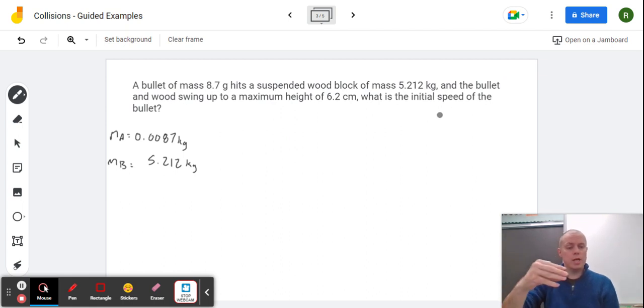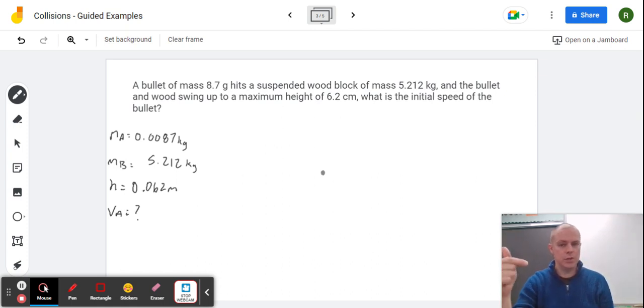So the bullet gets shot into the block, embeds itself in, and then the bullet and block together are going to swing up on the pendulum, and they are going to swing up to a maximum height of 6.2 centimeters. What is the initial speed of the bullet? So we're trying to find how fast the bullet is going.